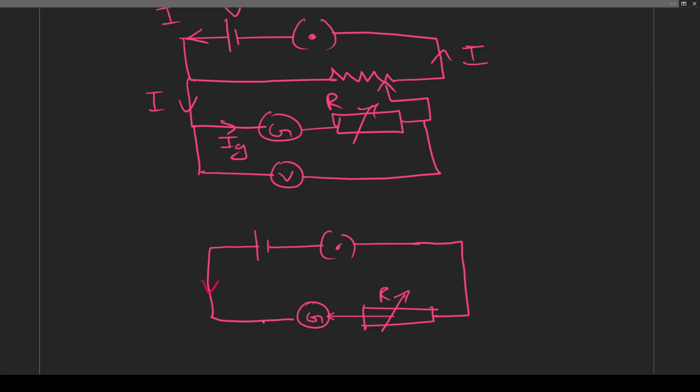It is not very correct here because the total current will not be I. This is connected in parallel, so the total current is not the same. But for understanding's sake, I draw this loop separately. This is current I. This is current Ig. The current flowing through this branch is Ig. It is different from this I current which is flowing through the whole circuit.